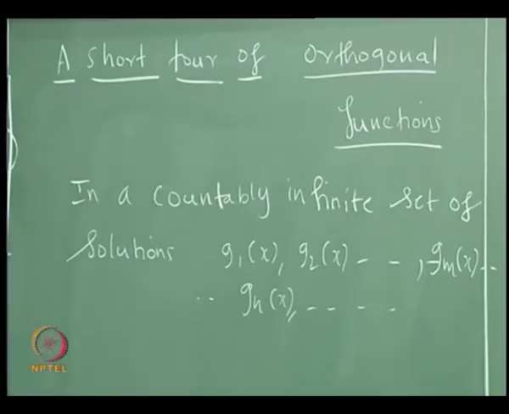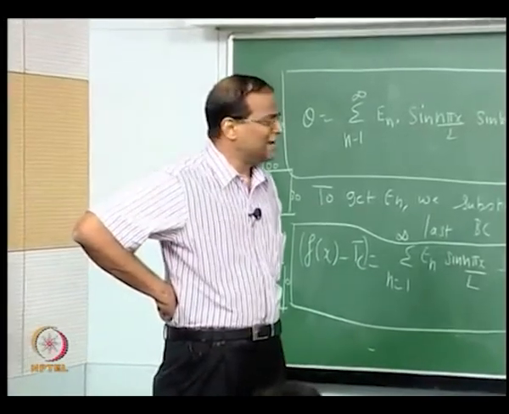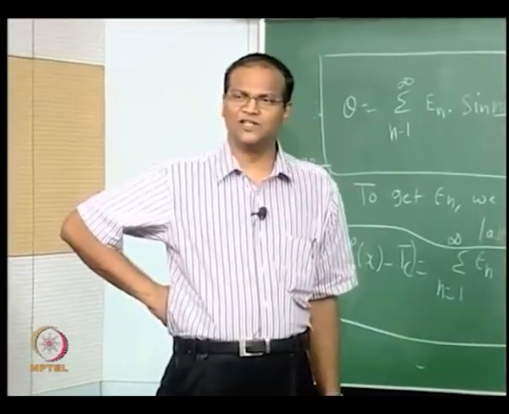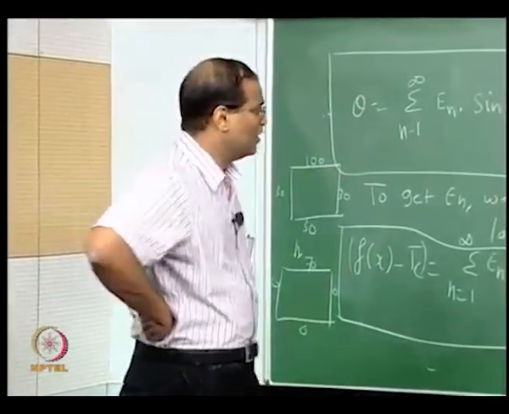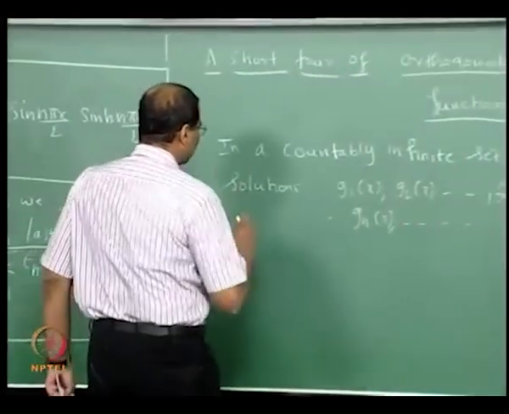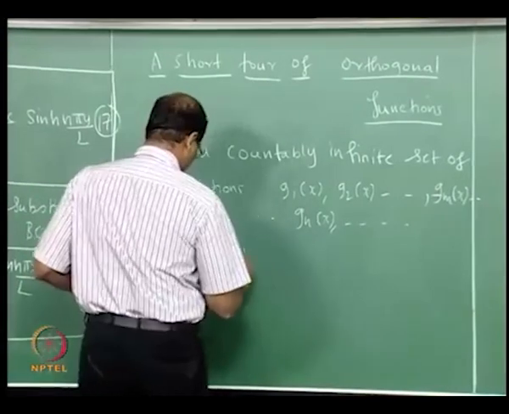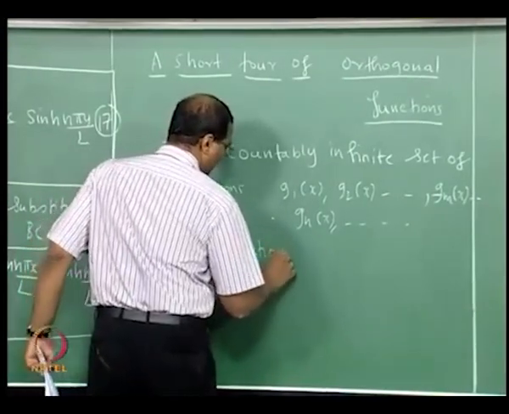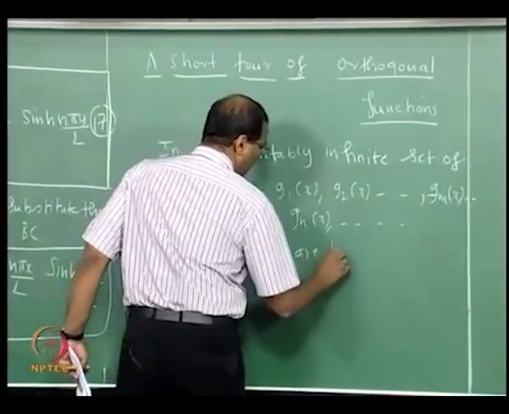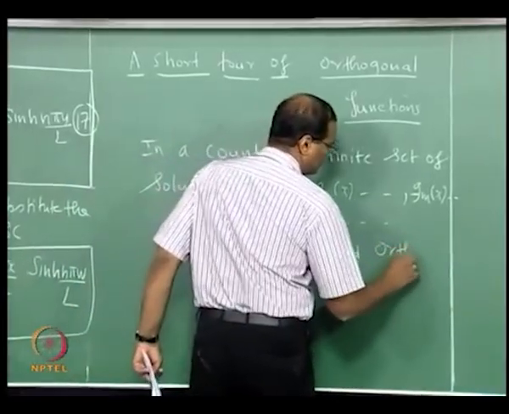There is basically some mathematical jargon, countably infinite set of solutions. That means you have a lot of g1, g2, g3. There is a gm and there is also gn, and it does not stop with gn, it goes beyond gn also. So in a countably infinite set of solutions, the functions are said to be termed orthogonal.